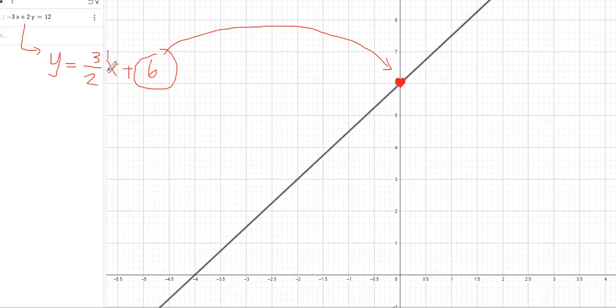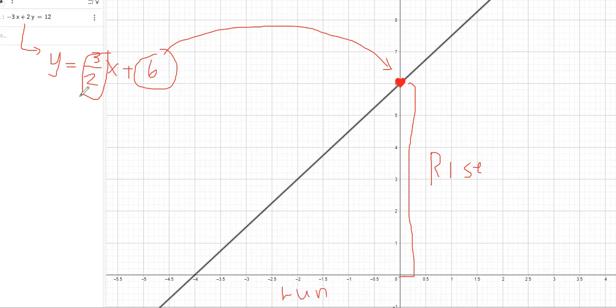Where can we find the 3 out of 2? That is the gradient. Remember in your year 7, this is the rise, R-I-S-E, and this is now your run.